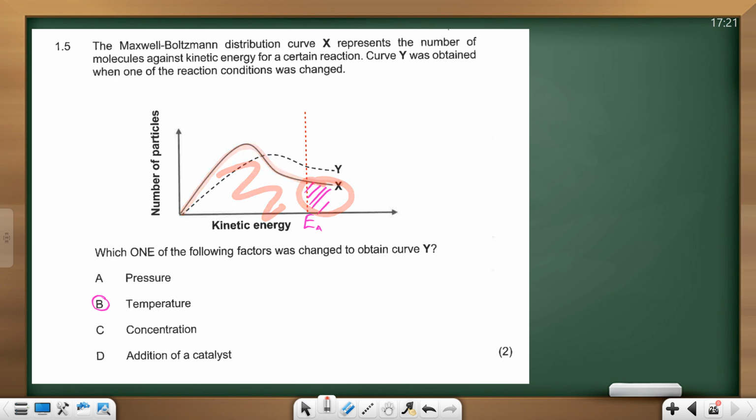To make it easy, I use a simple example. If this is your school gate, to go out of the school gate, you need a minimum of 20 rand. That is your what? Activation energy, the minimum amount of energy. Now, on a particular day, not everyone would have 20 rand. Some people don't come to school with money. They come with lunch box and whatnot. They have 0 rand.